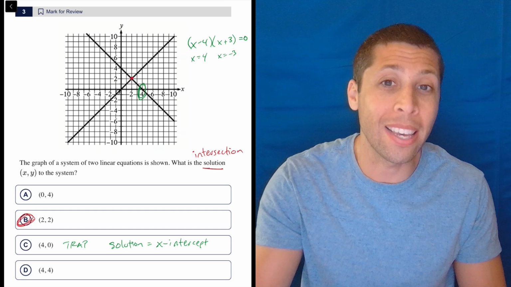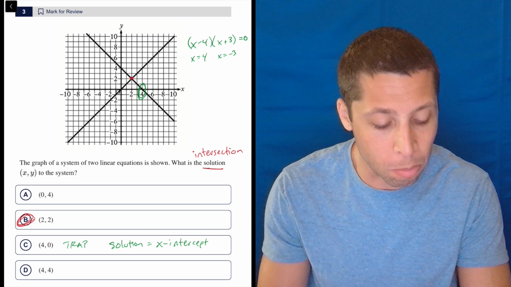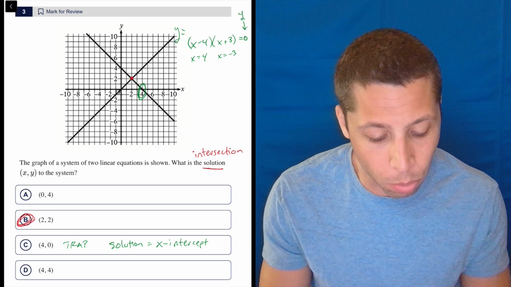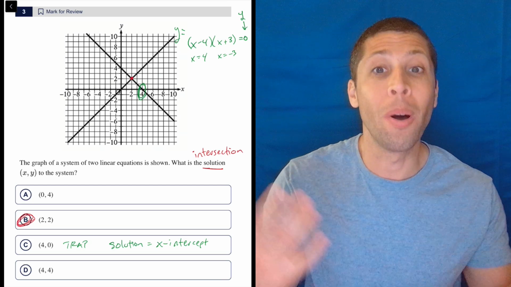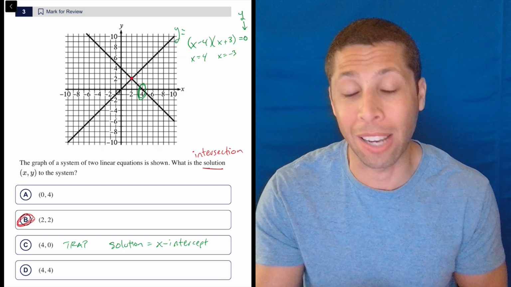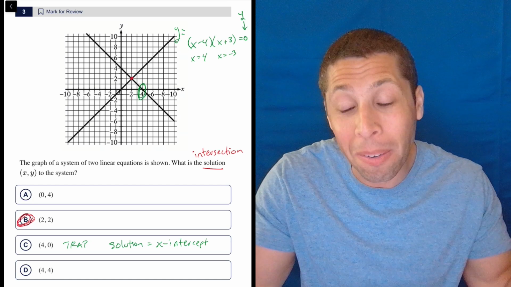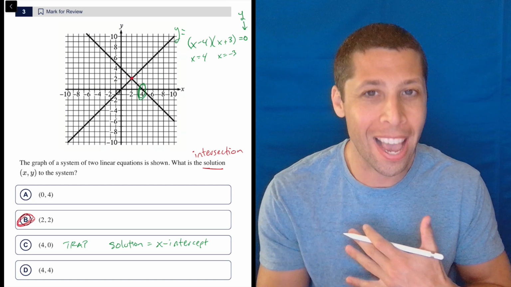So that is why the x-intercepts look like solutions, because the y that would normally be here or over here, y equals, has been replaced with a 0. And guess what the coordinate of an x-intercept is? It's where y is equal to 0. So it's a point of intersection with the x-axis.